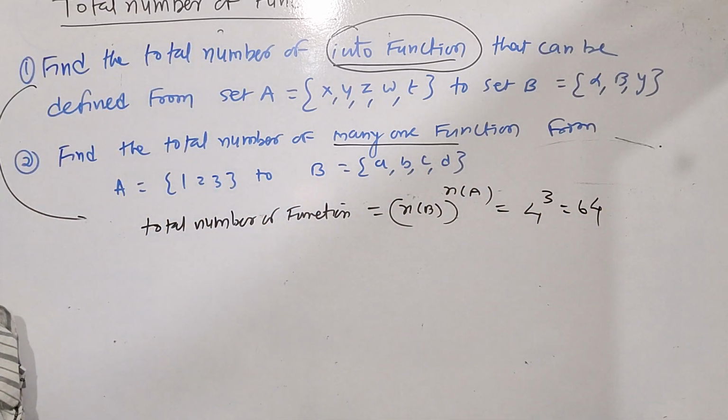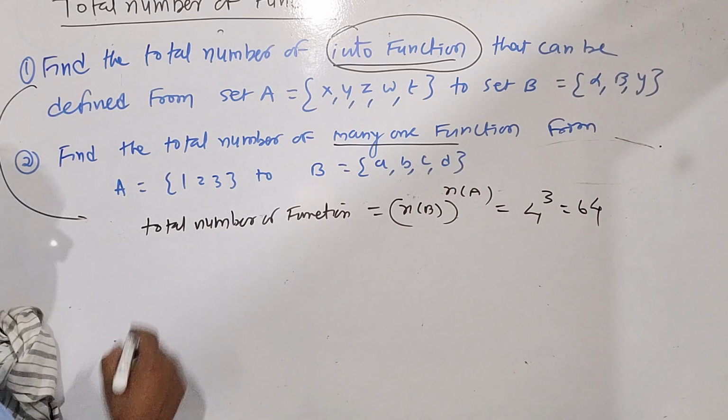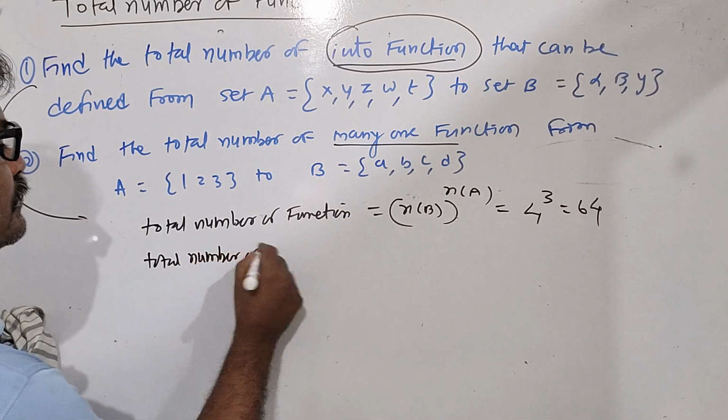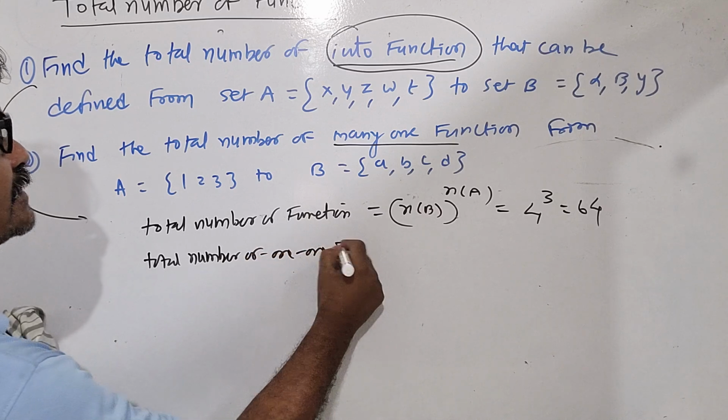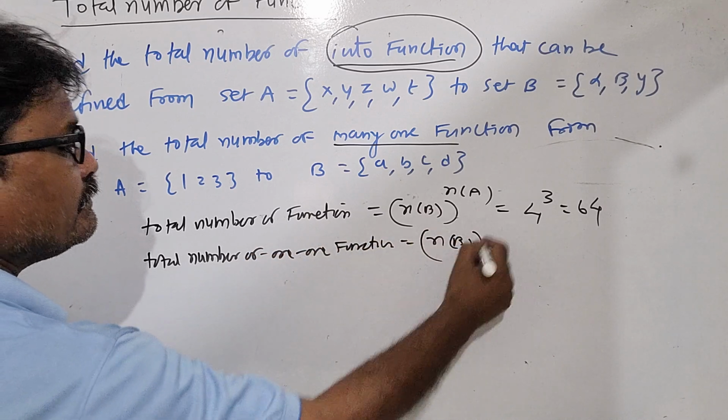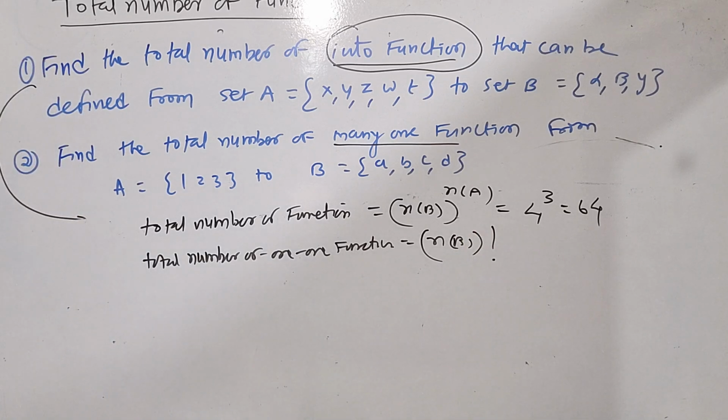Very simple. Okay. Now coming to the total number of one-one functions. I know the formula for this too. This is n(B) factorial, provided that n(A) is less than n(B) or n(A) is equal to n(B).